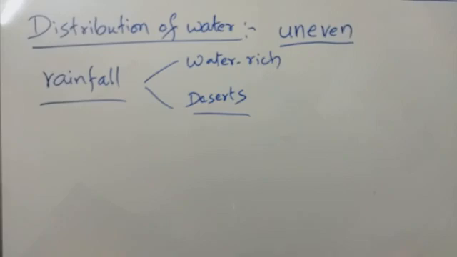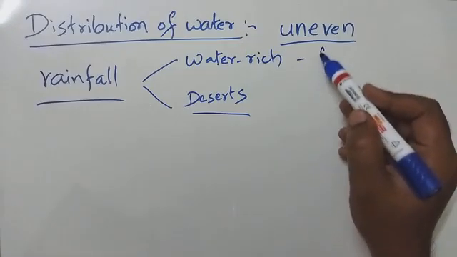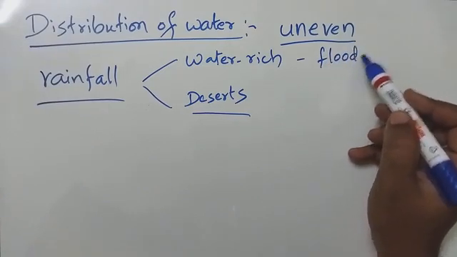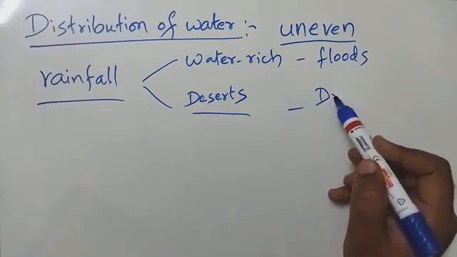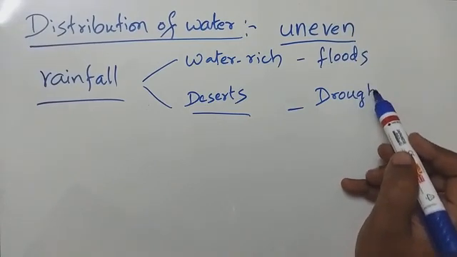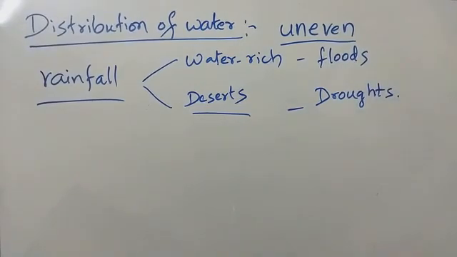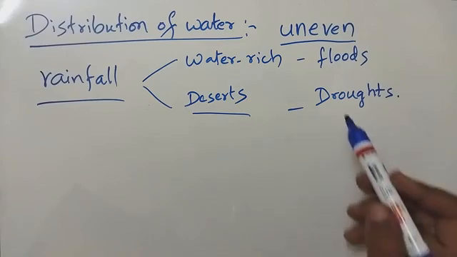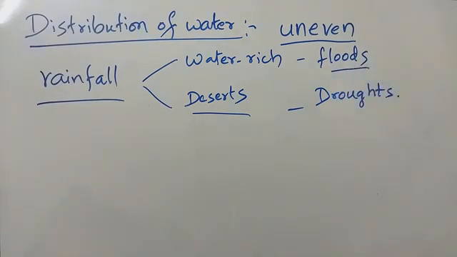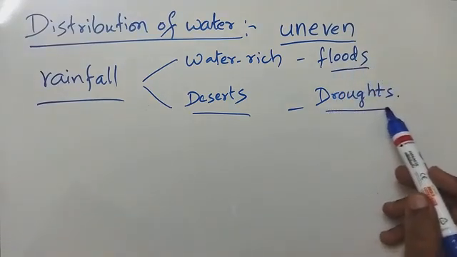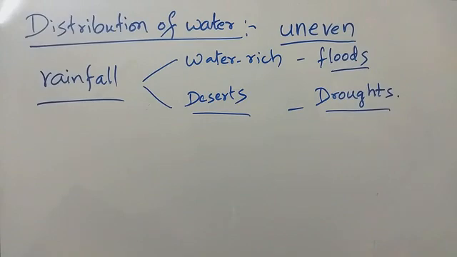Other regions where there is very less rainfall suffer with droughts. So if there is excessive rainfall, floods are taking place. If there is less rainfall, droughts are occurring.